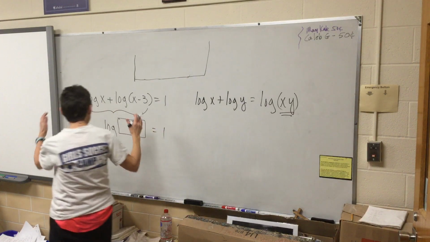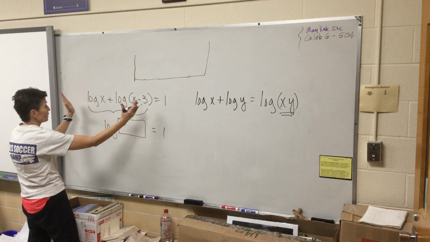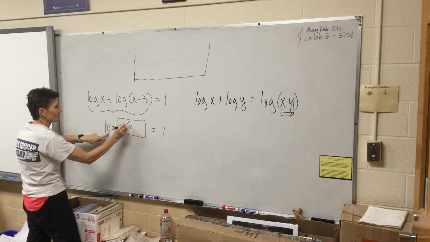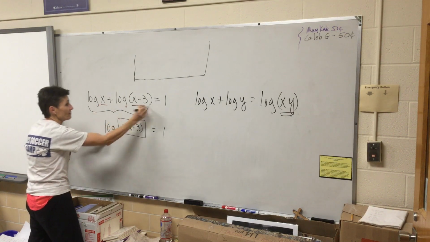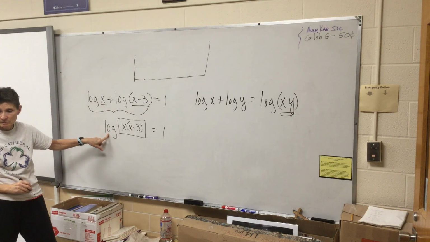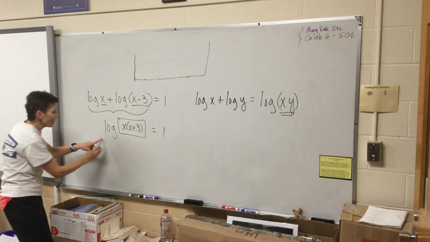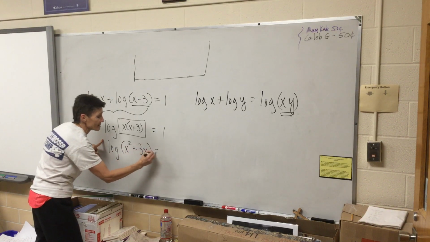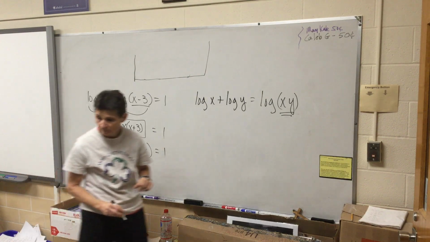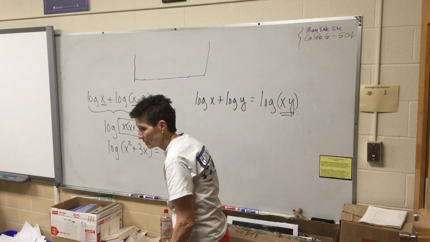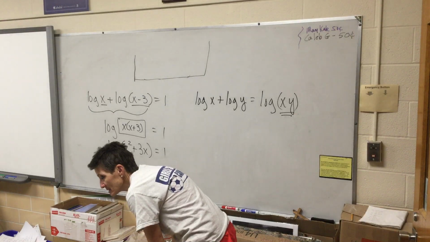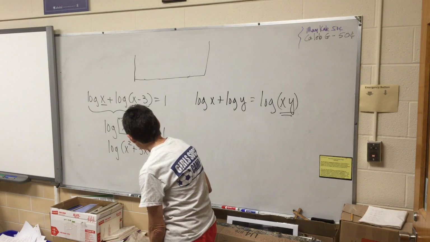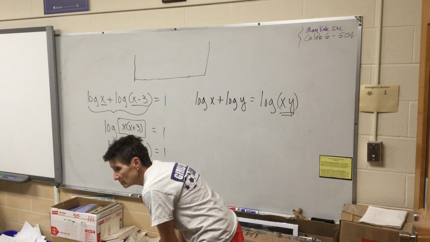So I am going to take these two, I'm going to smush them together into one, and that means I have to multiply this and this. So now I have an equation that says the log of x squared plus 3x equals 1. That, my friends, is solvable. I have one logarithm, so I'm going to loop-de-loo it.